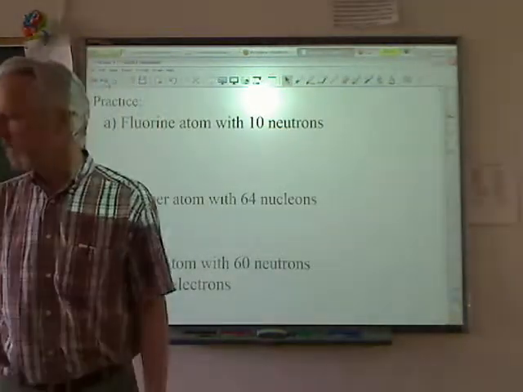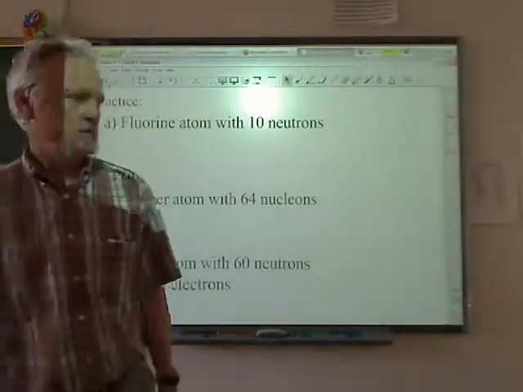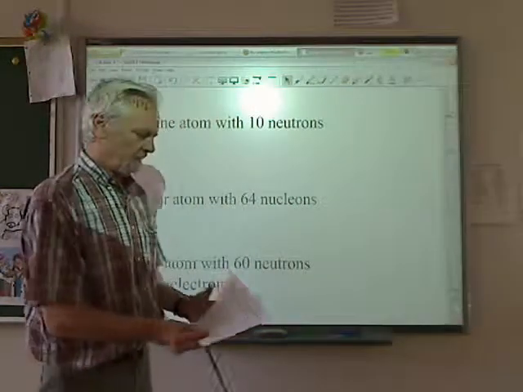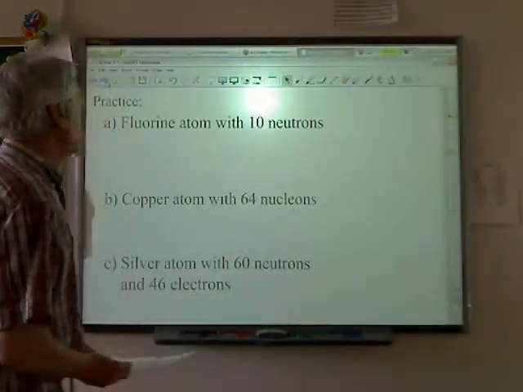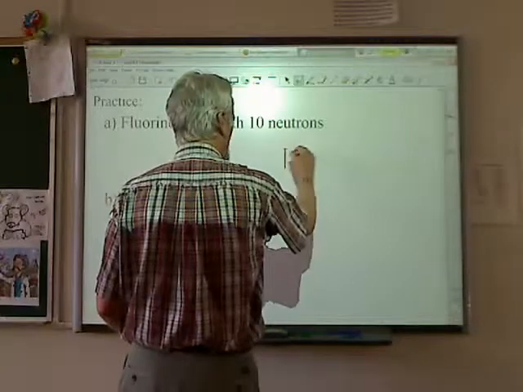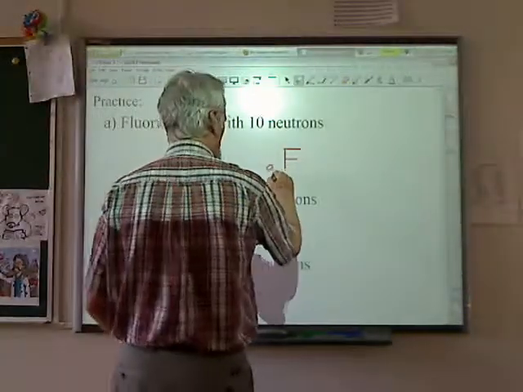We're going to need a periodic table, which I neglected to round up before I started talking. Let me quickly grab one. I'm back. Here's my periodic table here. Fluorine, you go to our element symbol there, has this chemical symbol F, right? And its atomic number is 9, so that would go there.